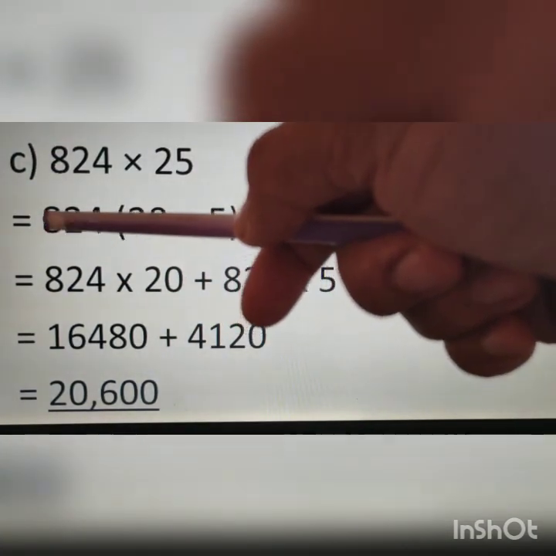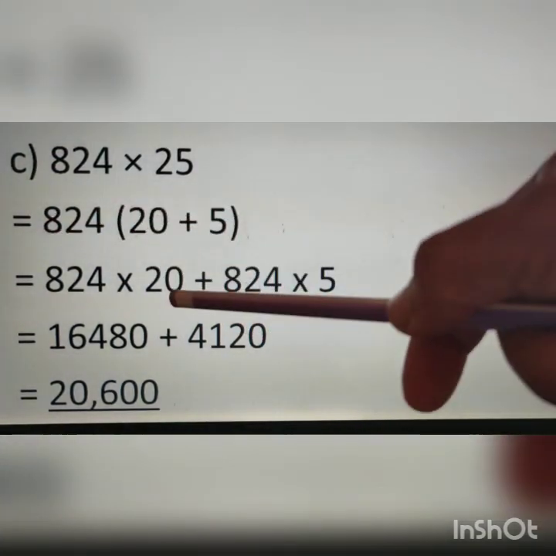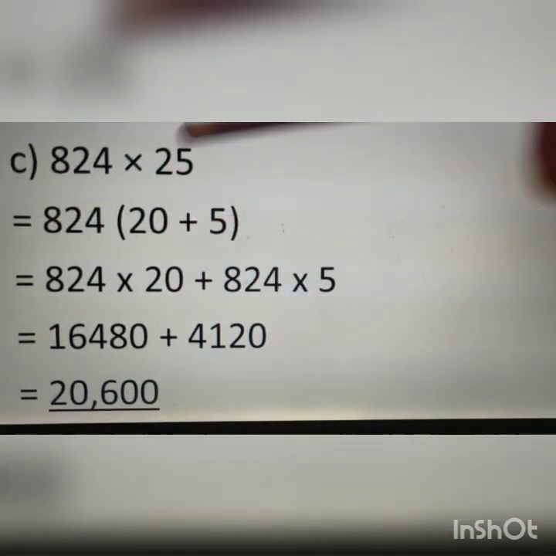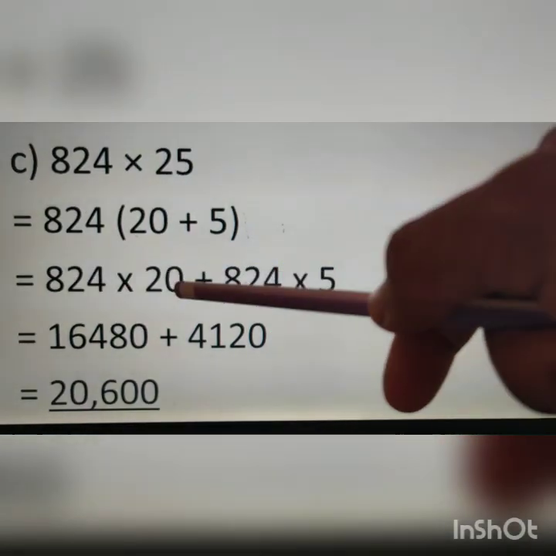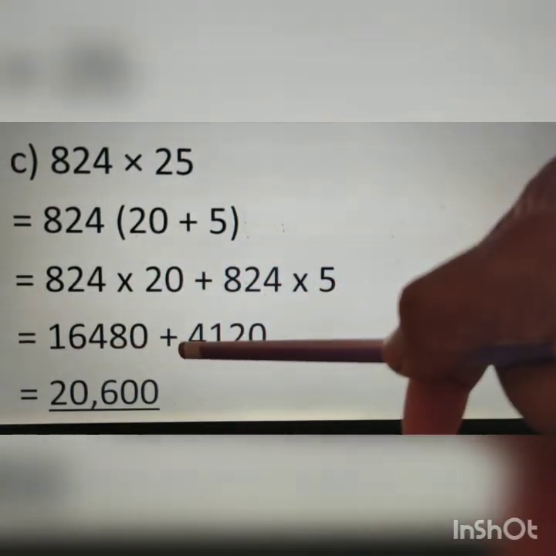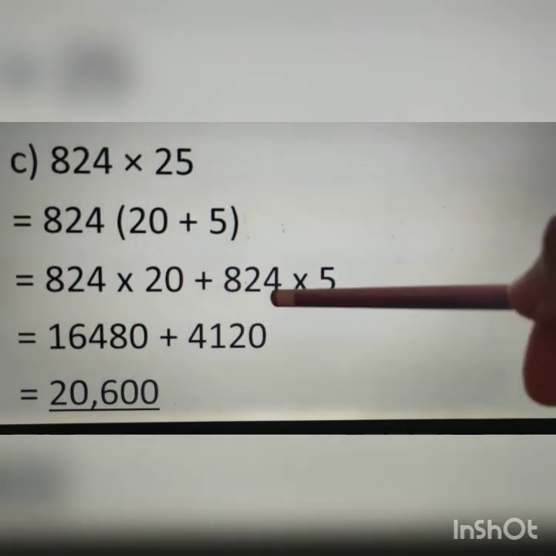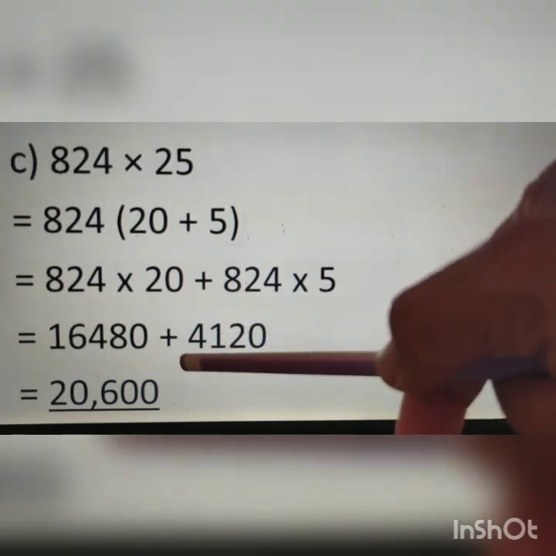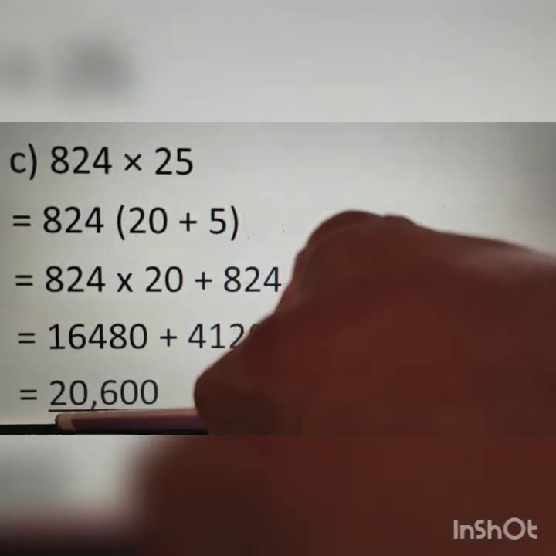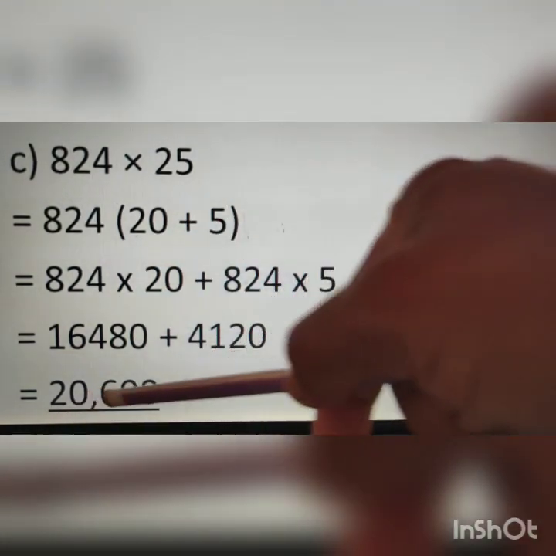Therefore, 824 multiplied by 20 plus 824 multiplied by 5. 824 multiplied by 20 is equal to 16,480 plus 824 multiplied by 5 is equal to 4,120. Therefore, answer is 20,600.